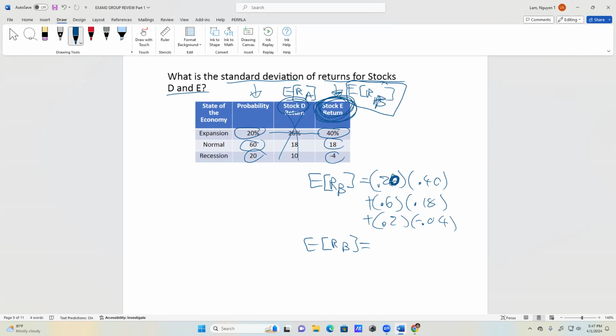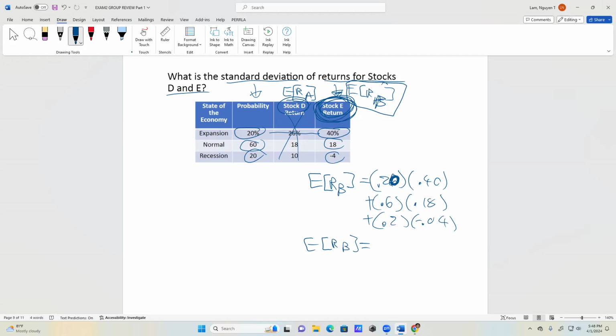Let me try to calculate that real quick. 20 multiplied by 4, plus 6 multiplied by 18, plus 2 multiplied by negative 0.04, equal to... wait, did I do it wrong?